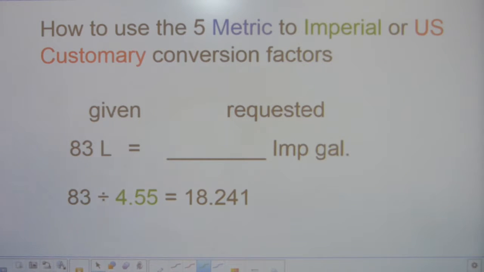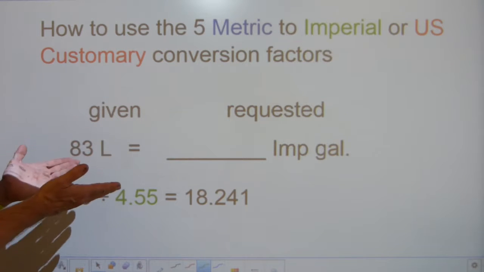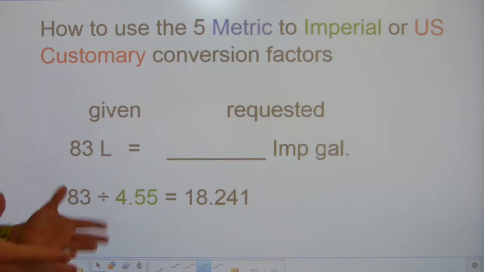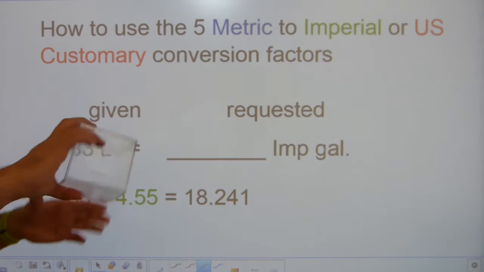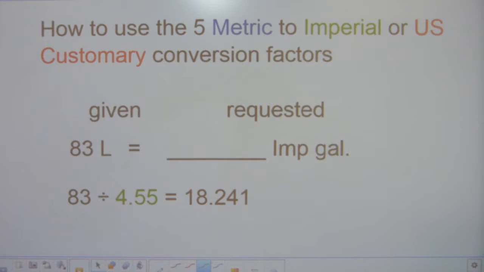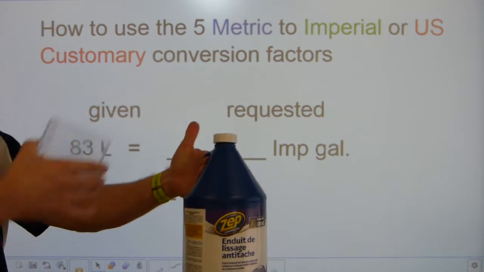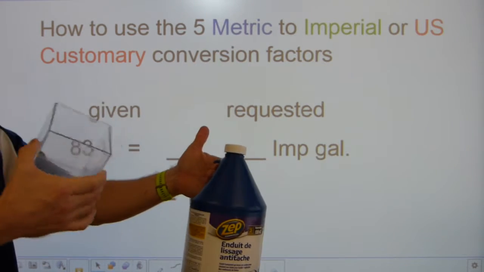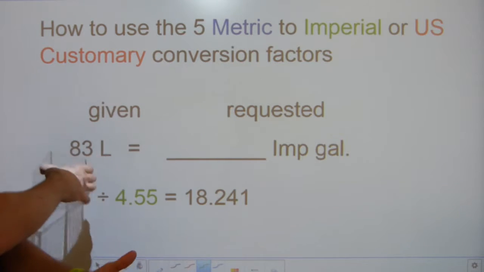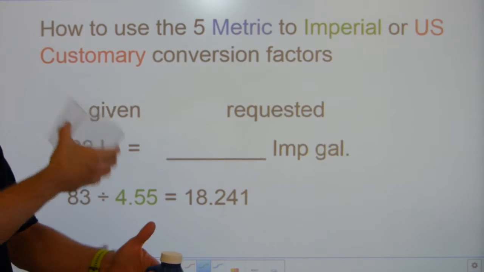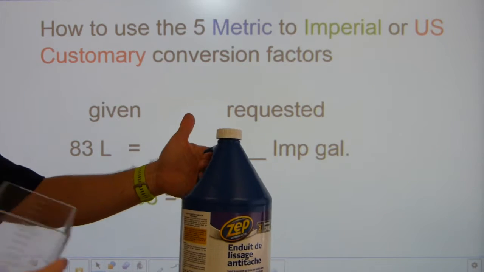If you visualize this, again, you have 83 liters in a tank or a barrel, and these 83 liters are scooped out 1 liter at a time, poured into empty jars until all 83 scoops later, all the contents of the tank or container is gone.